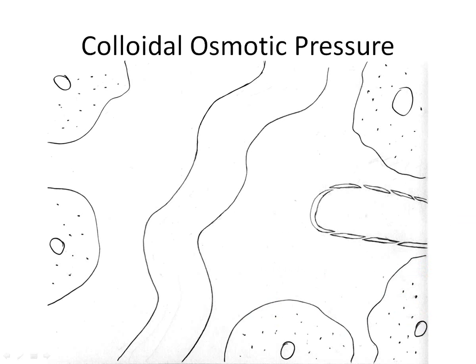Now, how does this make a difference whenever we start talking about osmotic pressures in bulk flow and hydrostatic pressures in bulk flow? Well, the first thing I want to talk about is actually something called a colloidal osmotic pressure. When we talk about osmotic pressures in general, we're actually talking about particle pressures. So the osmotic pressure is the amount of particles that's actually causing the pressure on one side or the other.